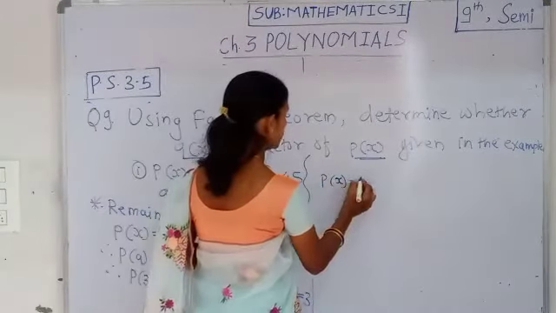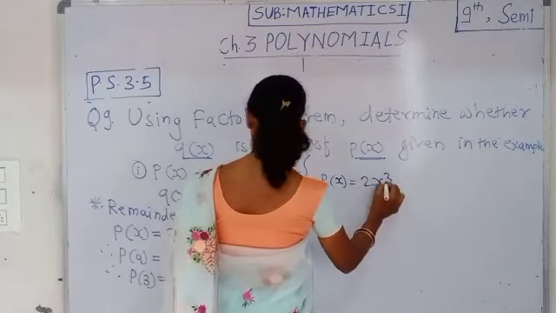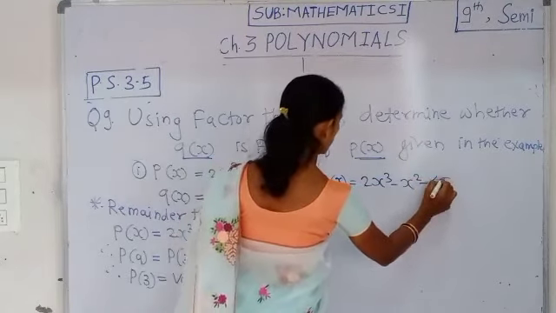Therefore we have to find out p(3). The example given here is p(x) equal to 2x cube minus x square minus 45.